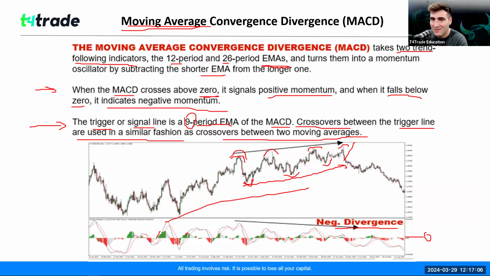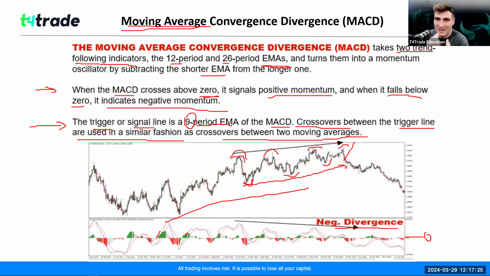And you will see a sharp pullback afterwards. It's going to see a shift in trend. There is a build up coming into fruition. The MACD indicator below tells you about it before it actually happens.